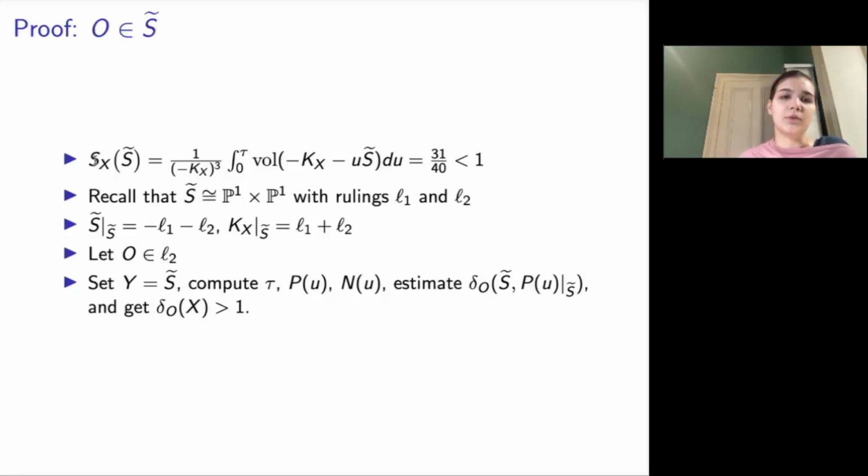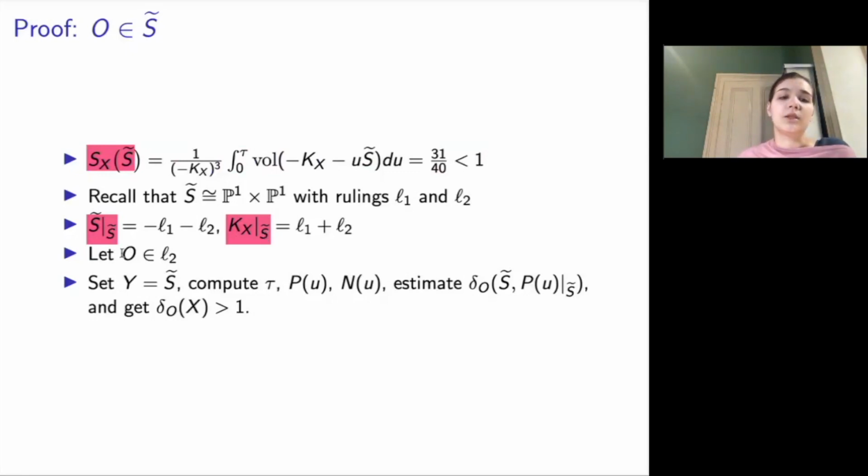So we first compute the S invariant for this surface on that threefold X. Then we rewrite everything in terms of rulings L1 and L2. We can understand explicitly what is the restriction of the S tilde on itself and the anti-canonical bundle on this S tilde.